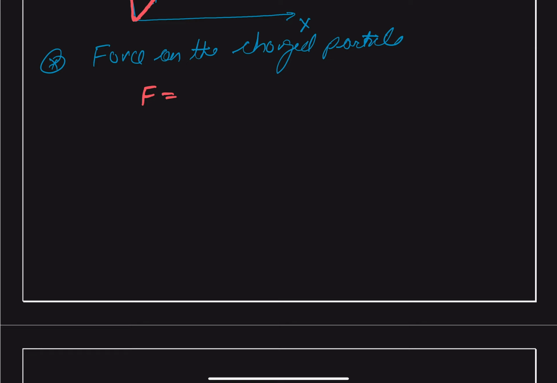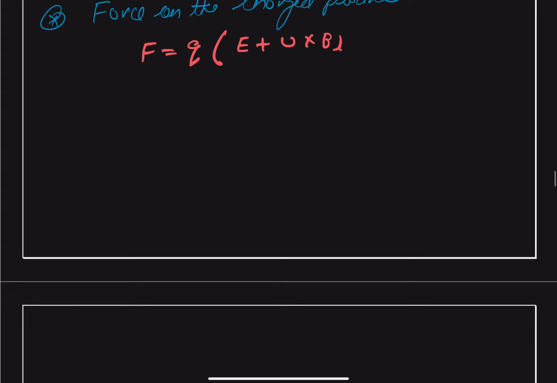So F equals Q times E plus V cross B, and the electric field is only present in z direction. Let us find the electric and magnetic forces.